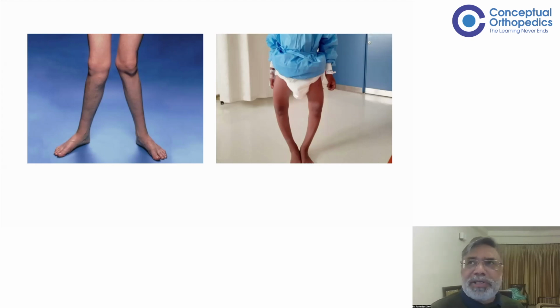If you're thinking non-physiological, the first thing is to get an X-ray in the clinic. An X-ray can show you epiphyseal dysplasias, which are common, or other bony dysplasias, or signs of rickets. If it is unilateral, it will show evidence of previous infection or physeal arrest.